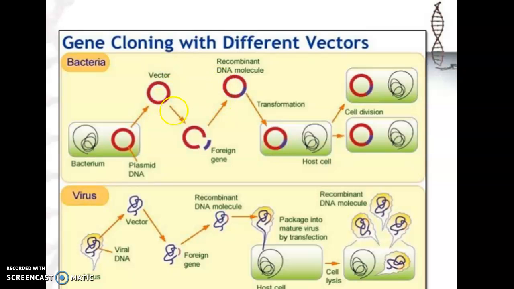The desired gene, also called the foreign gene, is recombined with the plasmid, and now the plasmid is again released into the same colony, so the bacteria receive it. When the recombinant plasmid, meaning with the foreign gene, is introduced into bacteria, this process is called transformation. When bacteria multiply, the plasmid also multiplies, and along with this the foreign gene also multiplies.